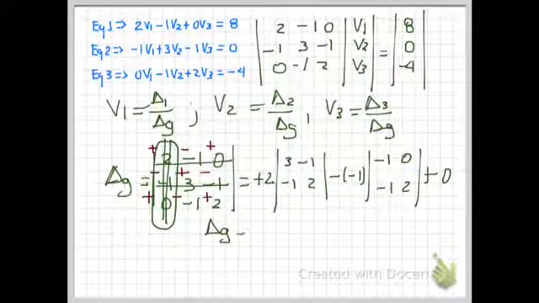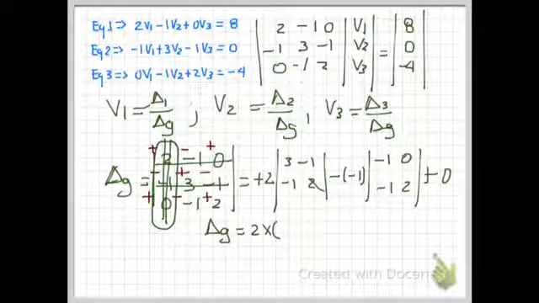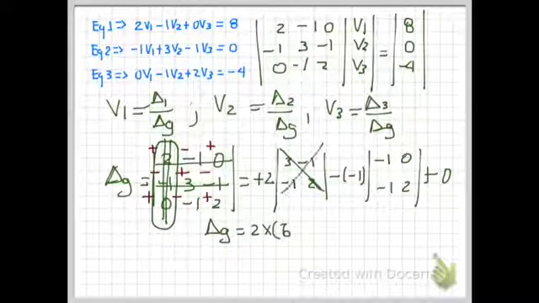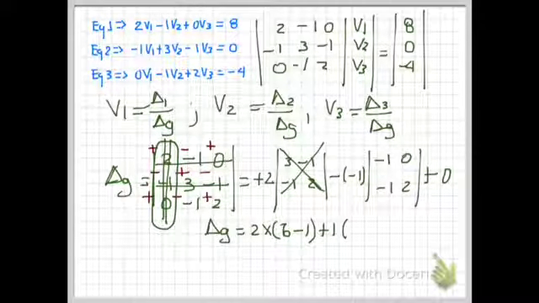That will be all that we need. So let's work on the value of the general determinant. We have 2 times 3 times 2, which is 6, and then minus 1 times minus 1 is positive 1, multiplying minus 2, and that's 0.